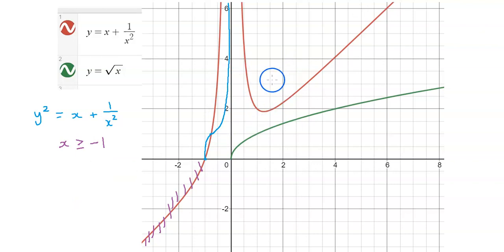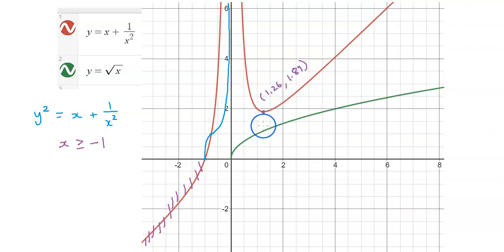Now, turning to this side of the graph, we can see there is a local minimum at this point. You can find what it is just by using differentiation and setting it equal to 0. I'm just going to be lazy and check what it is on Desmos, and I can see that it's the point x equals 1.26, y equals 1.89. And the square root of 1.89 is 1.37, according to my calculator.